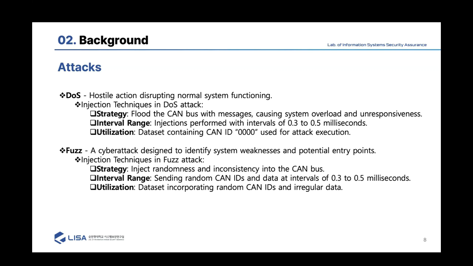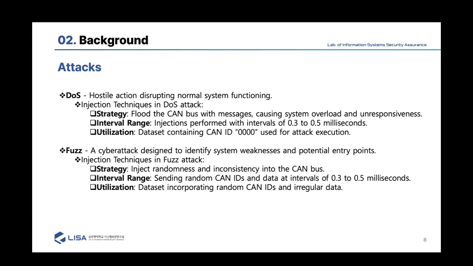Let's discuss the fuzz attack, a method designed to uncover system weaknesses and potential entry points. A fuzz attack injects randomness and inconsistency into the CAN bus to identify vulnerabilities within the system. The injection technique involves sending random CAN IDs and data at intervals like those.